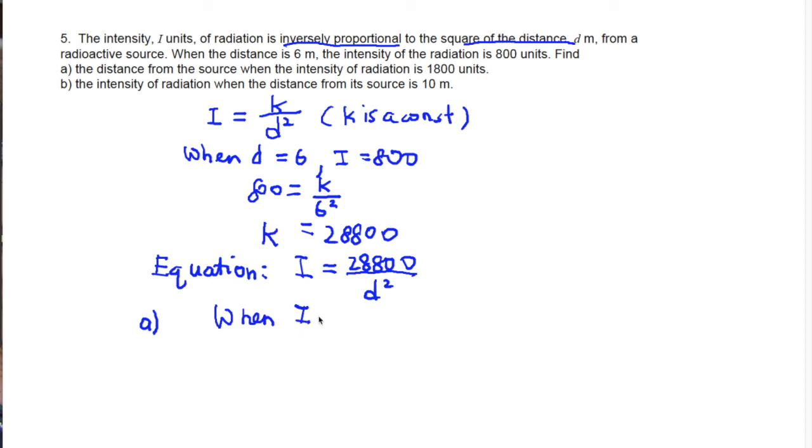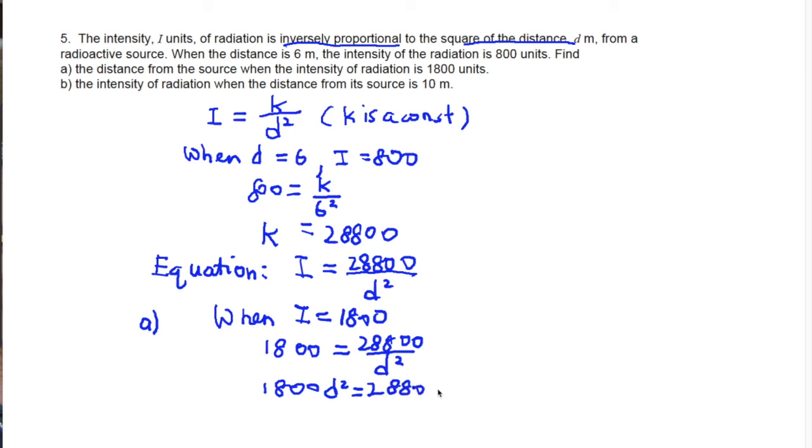When the intensity is 1800, then we substitute into the equation. 1800 equals 28800 over D square. That gives us 1800 D square equals 28800. And dividing, we have D square is 16 and D is 4 meters.